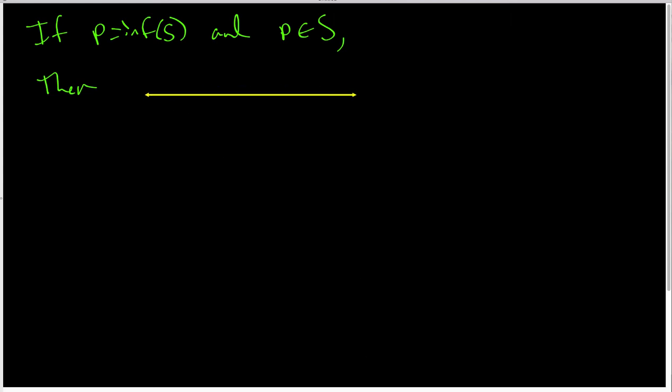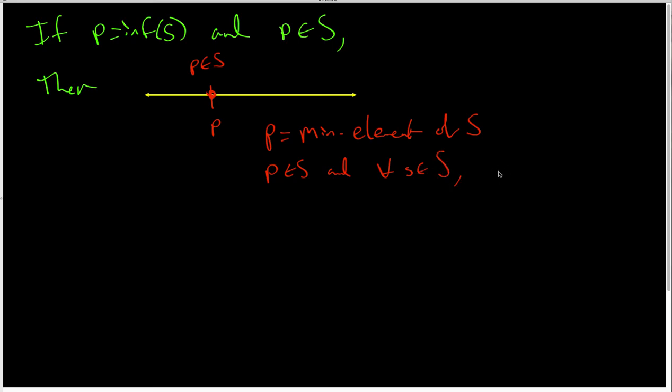If P is equal to the inf of S and P belongs to S, then when I look at my number line and think about where P is inside S, that means P is going to be the minimum element of S. So P will be inside S, and for every little s inside S, little s will be bigger than or equal to P.